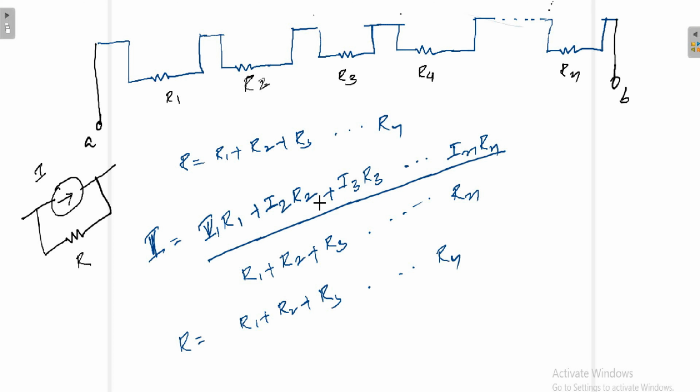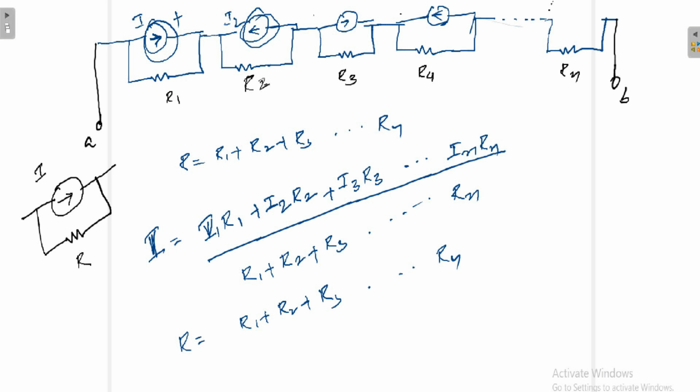Here also you may get different directions. You may have I1 towards your right-hand side, and some currents you may get in opposite polarity also. If I assume this direction is positive, I need to consider this I2 as negative. This I3 is in the same direction as I1, so positive.